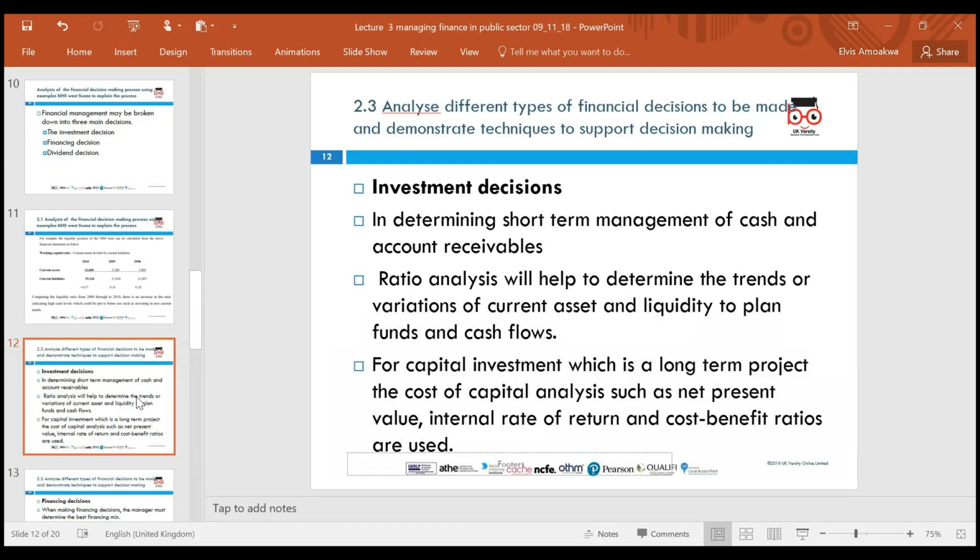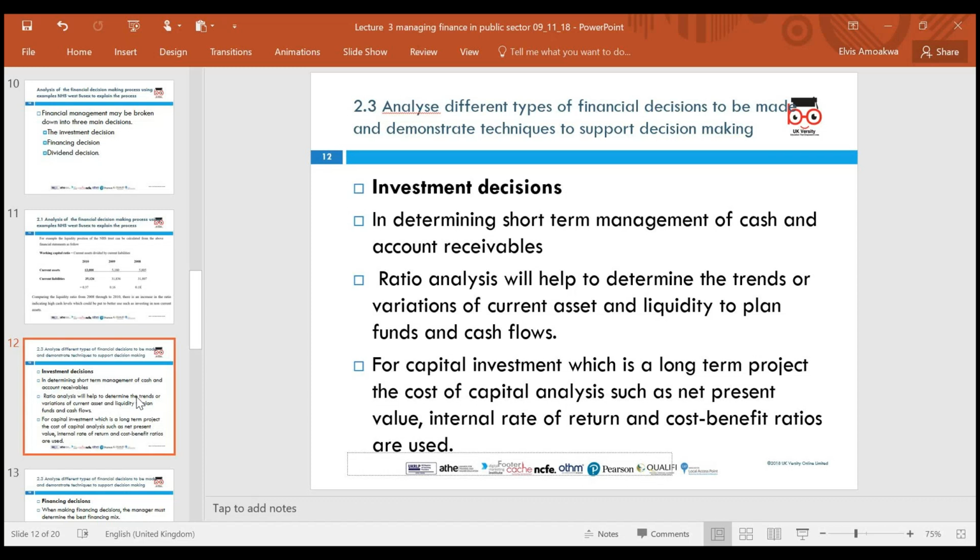looks at learning outcome 2.3. So 2.3 is to analyze different types of financial decisions to be made and demonstrate techniques to support decision making.